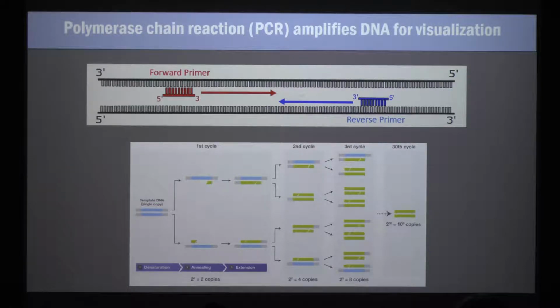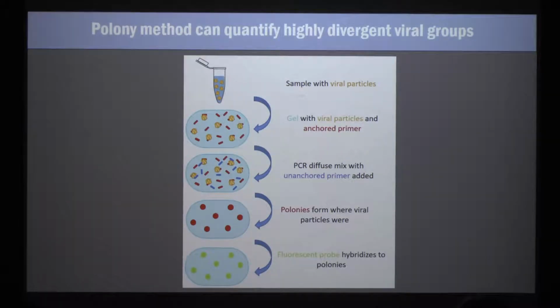Though there are quantitative techniques of PCR, they only work if you have a highly specific gene that's conserved in what you're looking for. Unfortunately for viruses, that's really hard to find. Even closely related species are highly divergent from one another. So instead of using quantitative PCR, I'm using a solid phase PCR known as the Polony method.